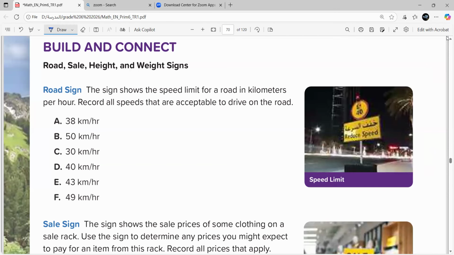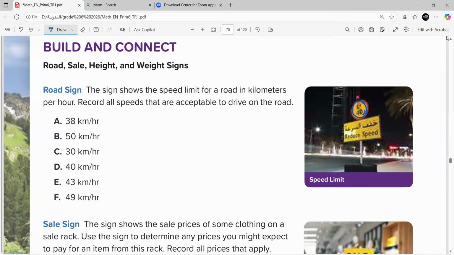So as you see in this sign on the road, reduce speed, and the speed is 40. As you know, this is the maximum speed. So the car can travel in this limit, 40 kilometers per hour.